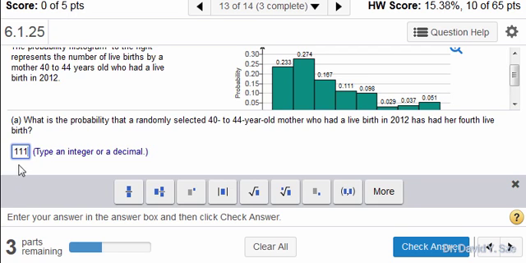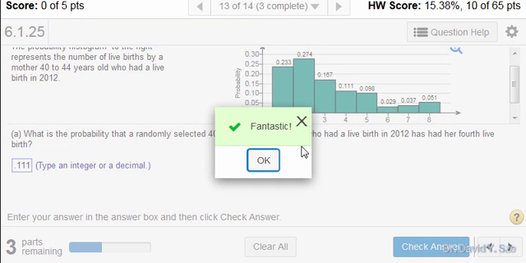For 11.1% of the women, this is their 4th baby. Check our answer. Fantastic.